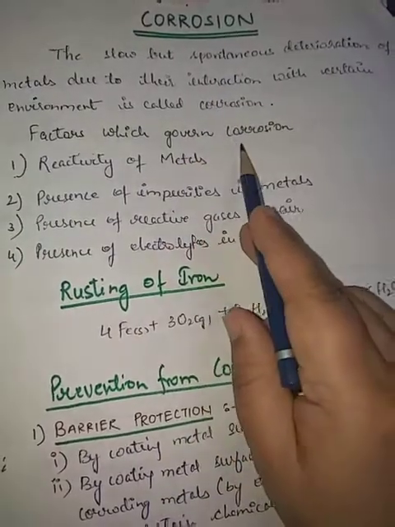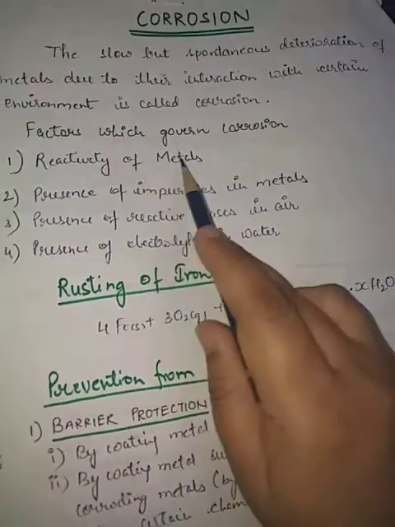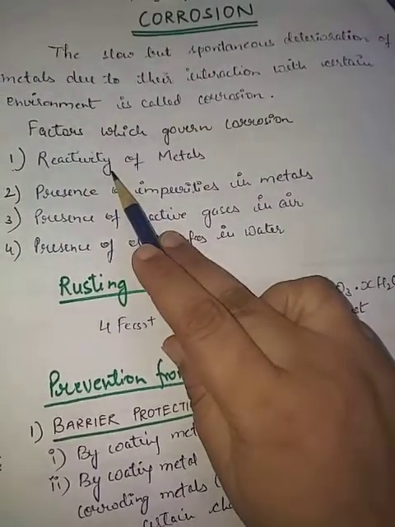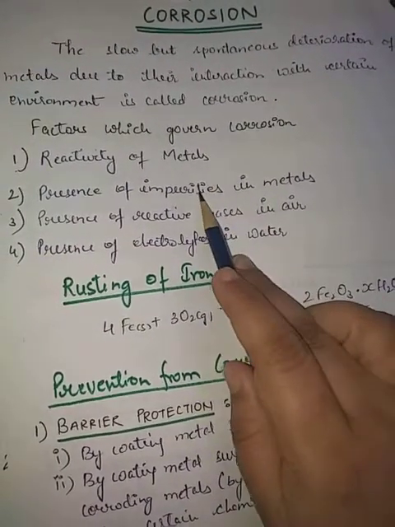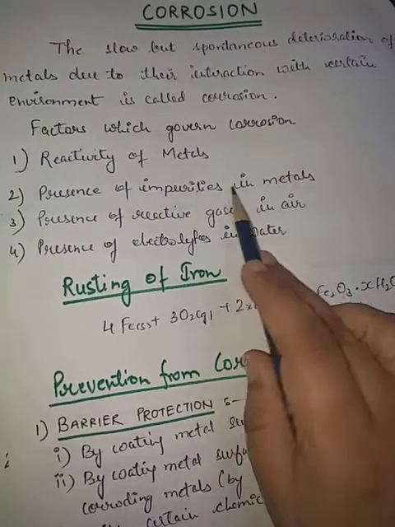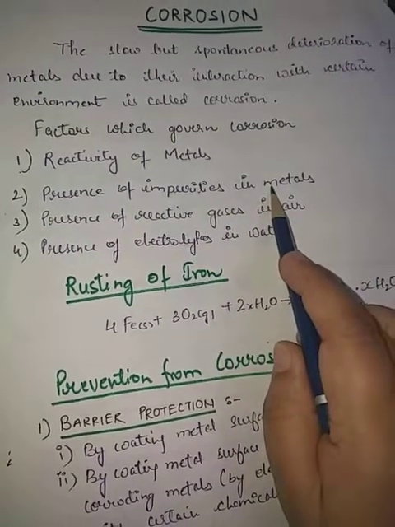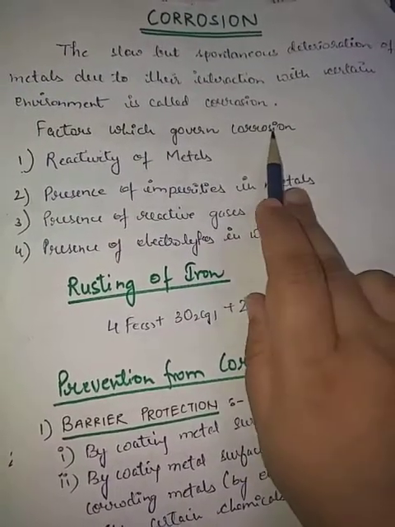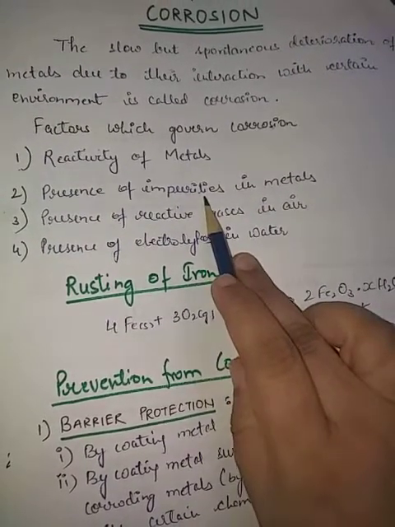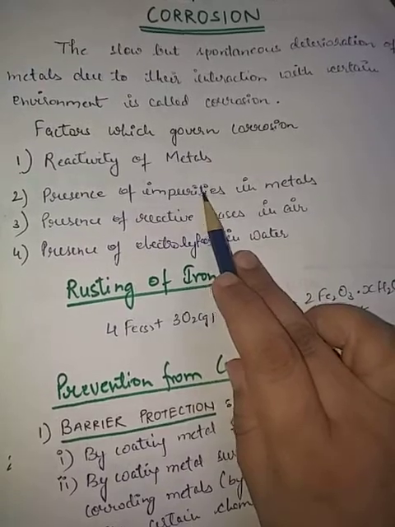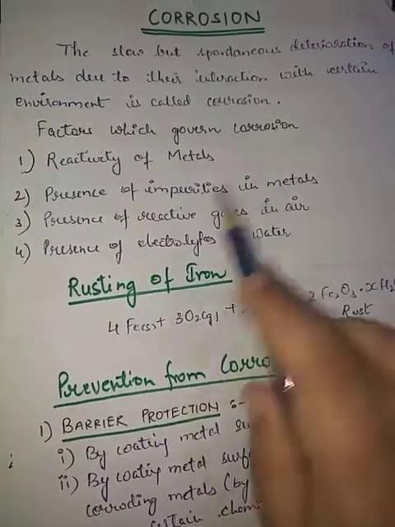Factors which govern corrosion: the first one is the reactivity of the metal. If a metal is very highly reactive, then obviously it will get corroded very fast. If any impurity is present in the metal, then even if the metal itself cannot be corroded easily, those impurities will corrode the metal.